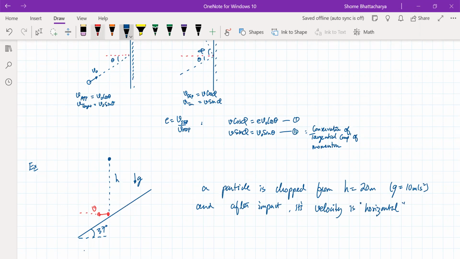Then of course, as it moves, its velocity changes. It goes into this kind of projectile motion. So this is just after impact. So we want to find V and find the coefficient of restitution E for the collision.